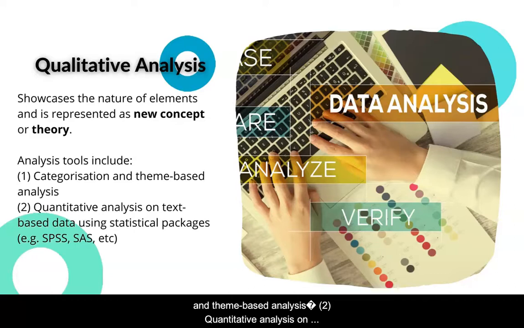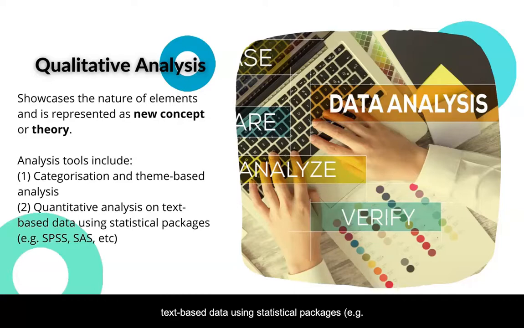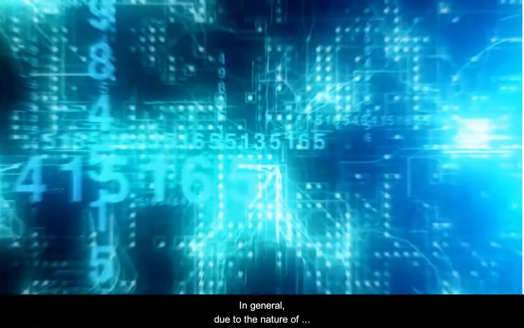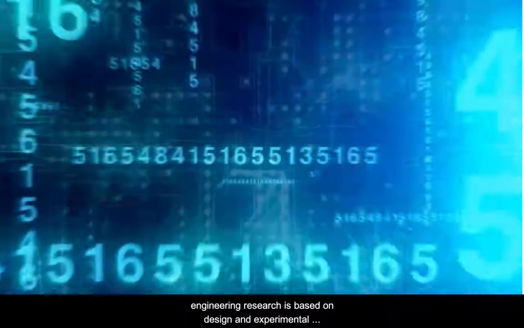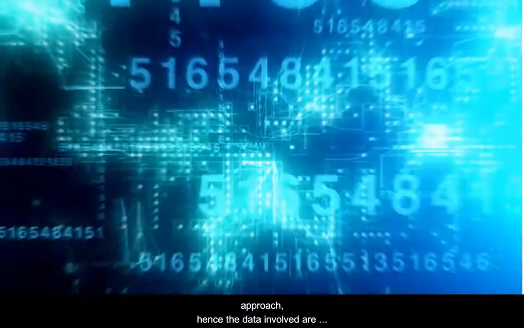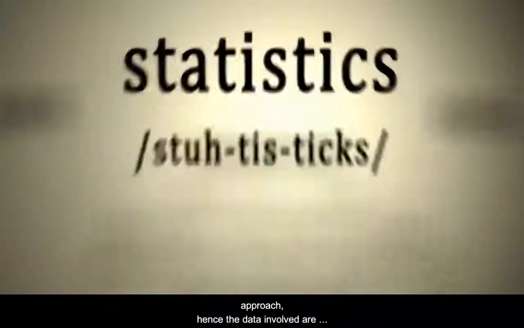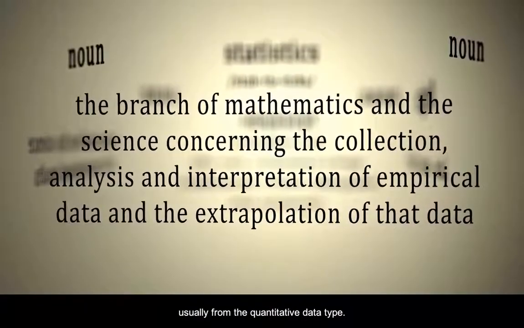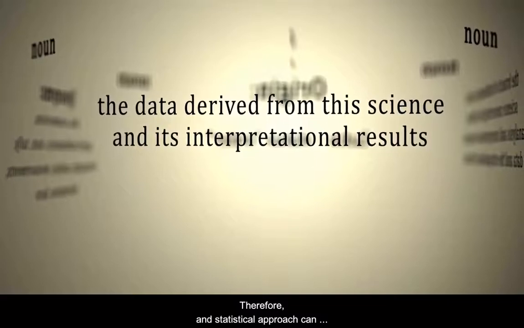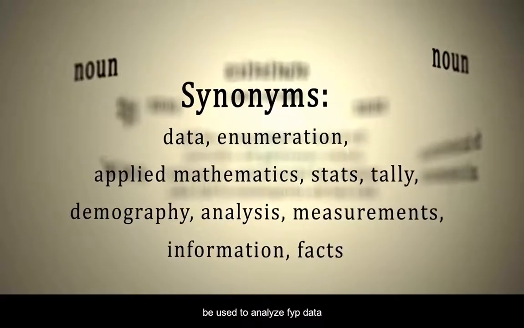Secondly, quantitative analysis on text-based data using statistical packages such as SPSS, SAS, and etc. In general, due to the nature of engineering research, where it is based on design and experimental approach, the data involved are usually of the quantitative data type. Therefore, the statistical approach can be used to analyze FYP data.